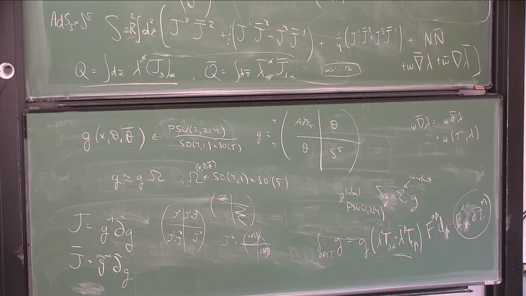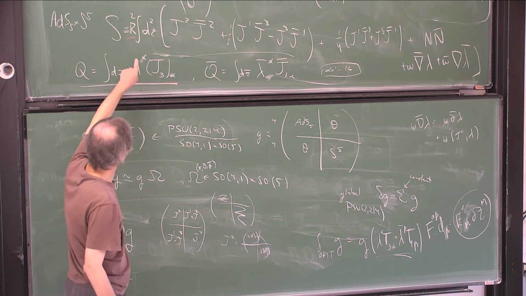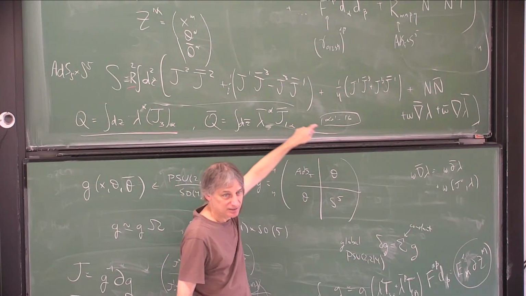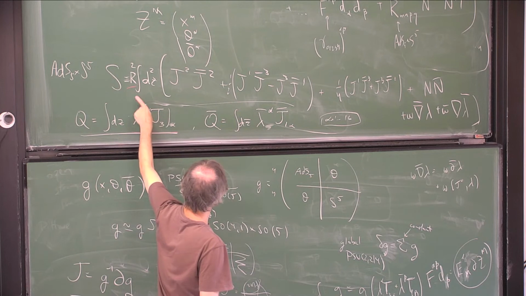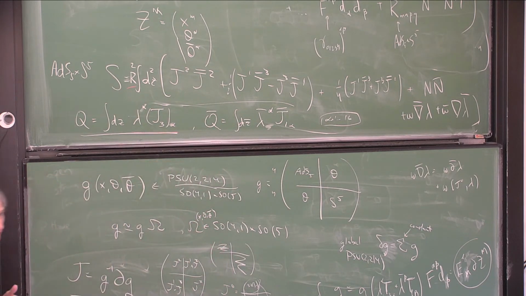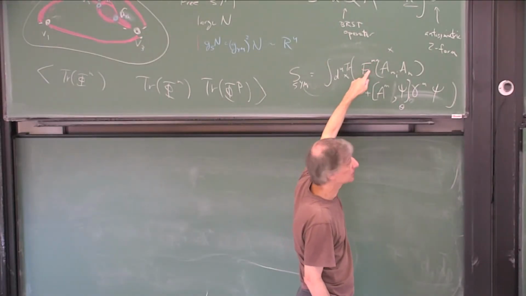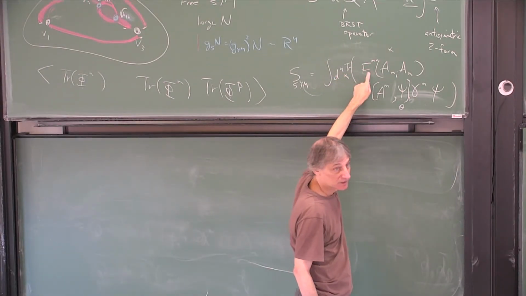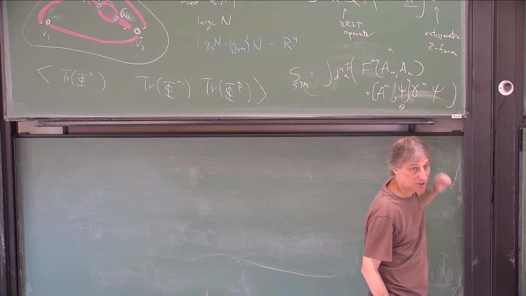They wrote the same Q. So this is the R squared. I mean, going back to the first blackboard, this is like the R squared term, right? Right now, this action is everything. The claim is that this action here can be decomposed into two terms. One term which is symmetric in Z and Z bar, which is essentially going to be this BRST trivial term, and the term which is antisymmetric in Z and Z bar.